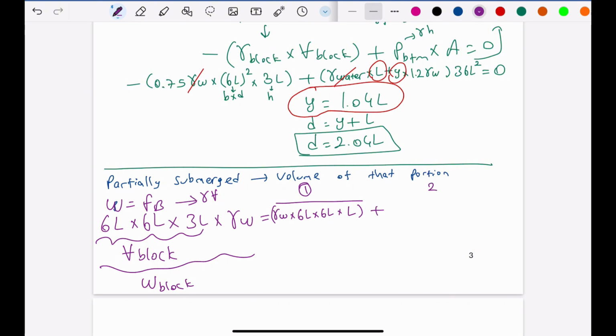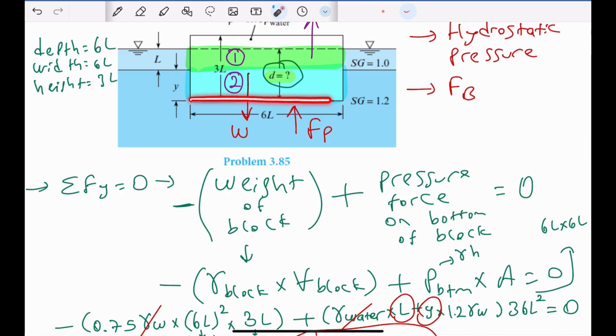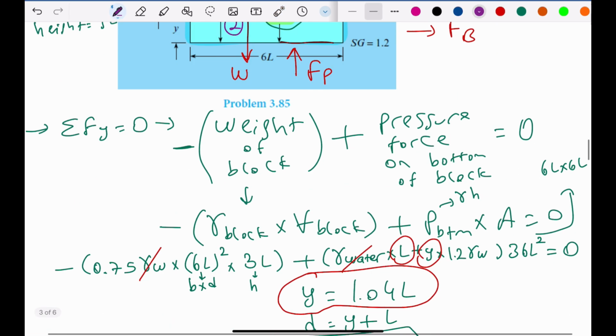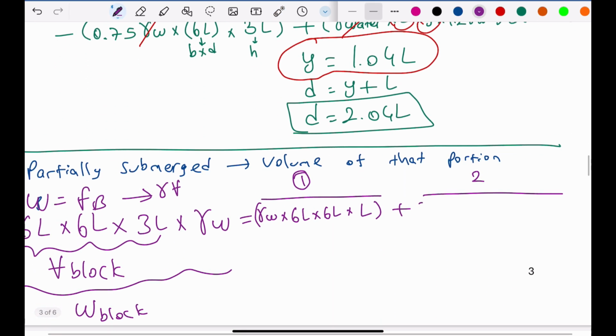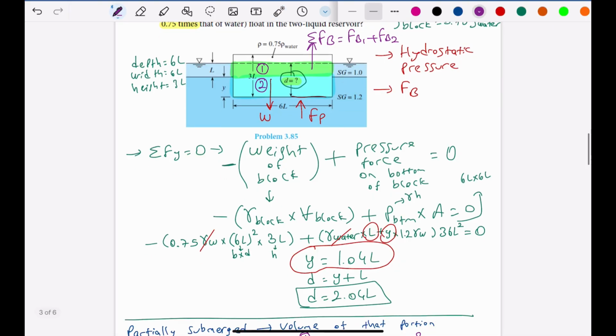And for the second one, let's see what we have. Again, we have 6L with 6L depth and Y distance. So this distance is Y. So the height will be Y. And let me write 6L times 6L times Y. However, here we need to pay attention to specific gravity, which is 1.2.